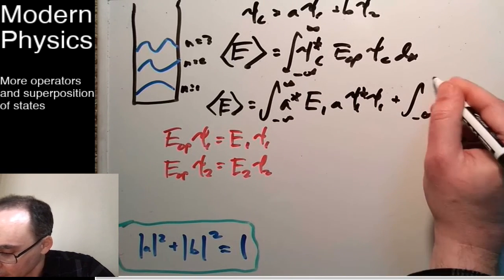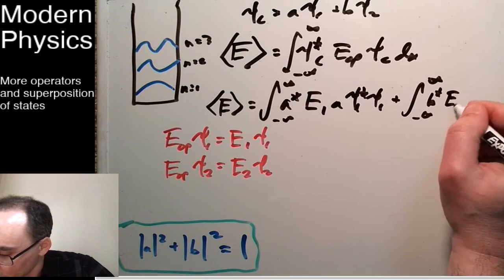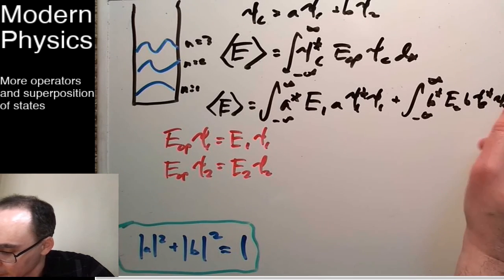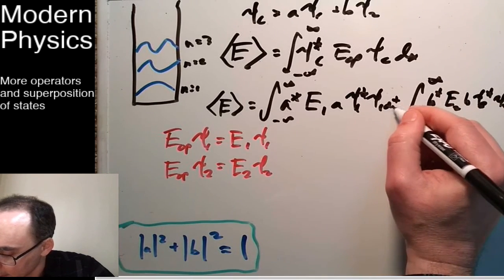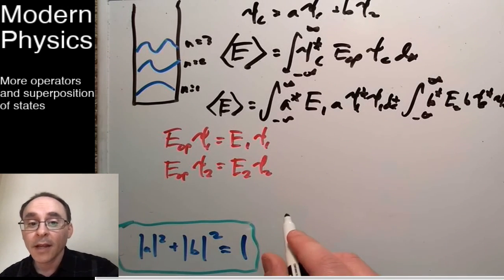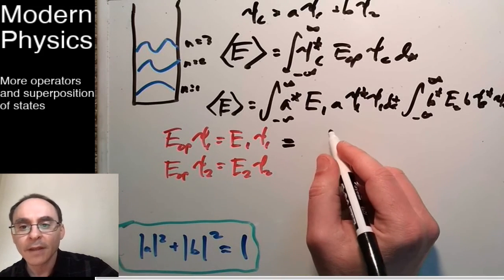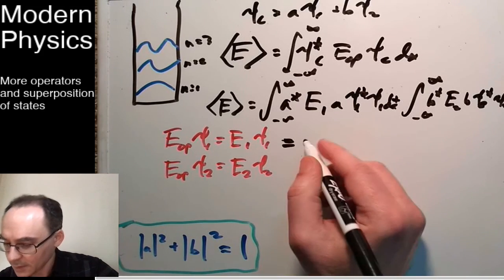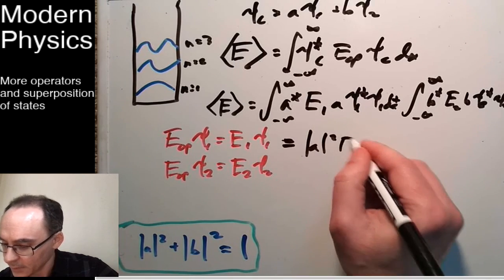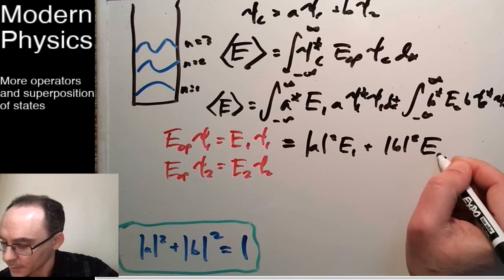And then my other term is basically b star E2, with psi 2 star psi 2, and there's some dx's and other tedious stuff. Anyway, point is, my expectation value for energy has turned into something very similar. I get the magnitude squared of a times E1 plus the magnitude squared of b times E2.